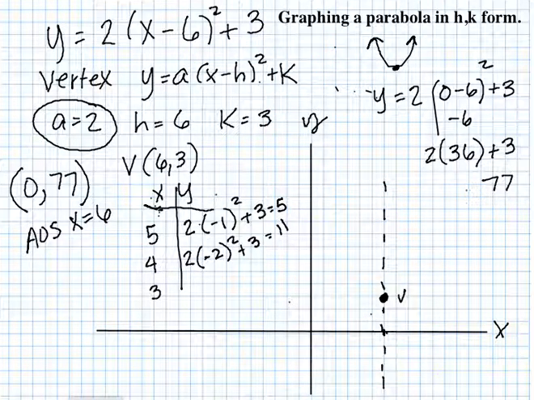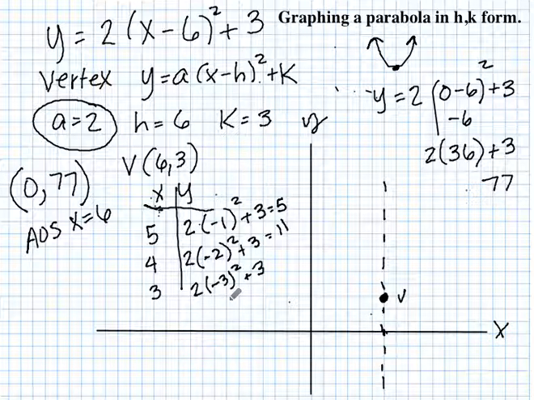All right, we're getting up there. I can try 3, but if it's too large, I'm not going to worry about it. 2 times (3 minus 6) squared plus 3.